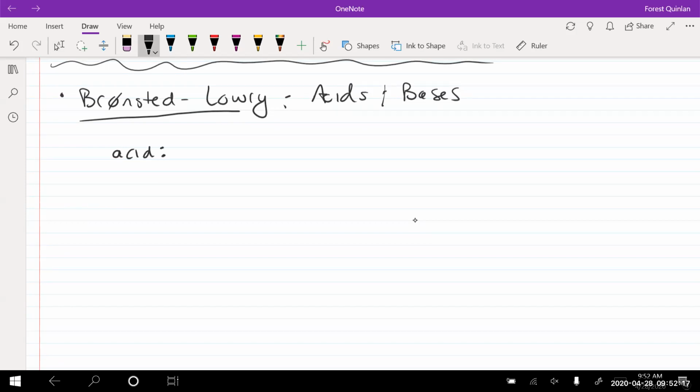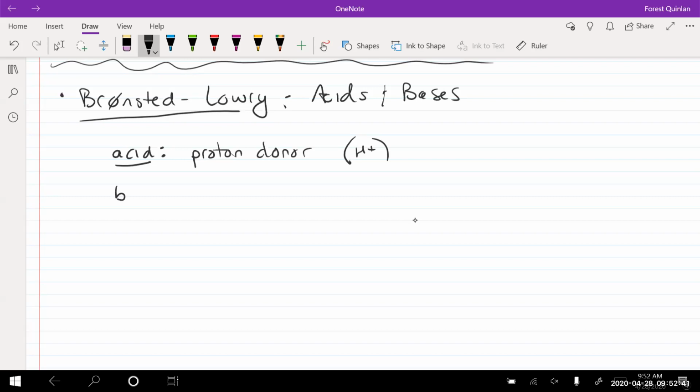So for their acid, what they said is it will be a proton donor. Really what they meant is an H+, because if you can imagine, a hydrogen only has a proton and an electron. If it gives away its electron to be an H+, it is technically just a proton floating around.